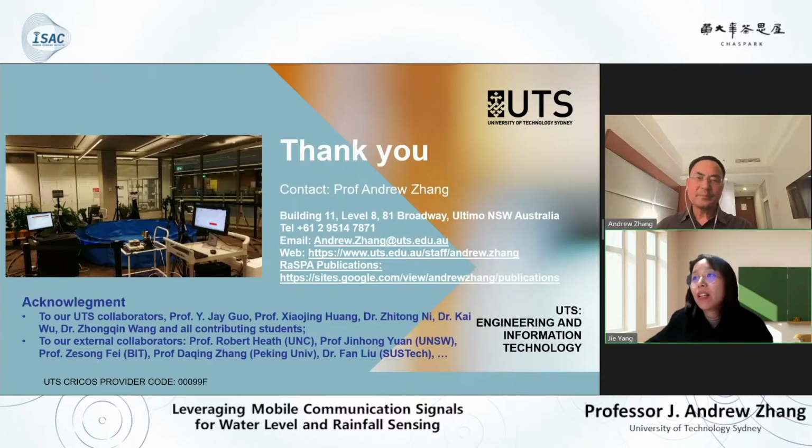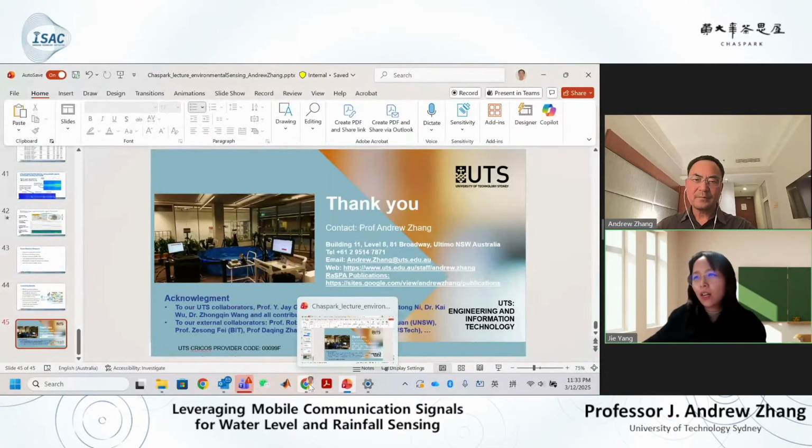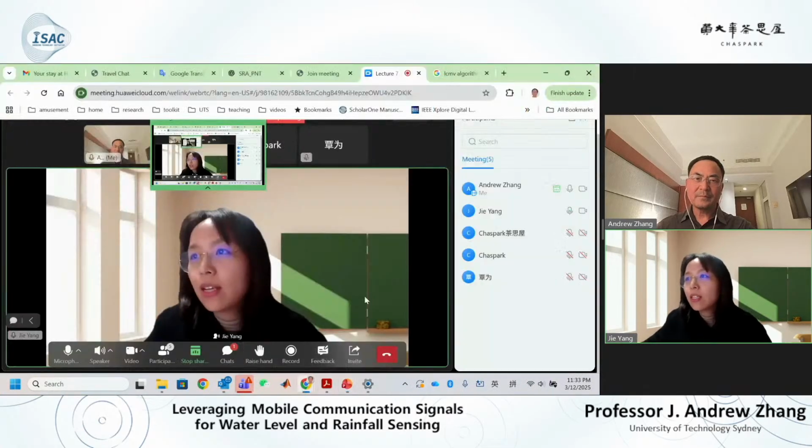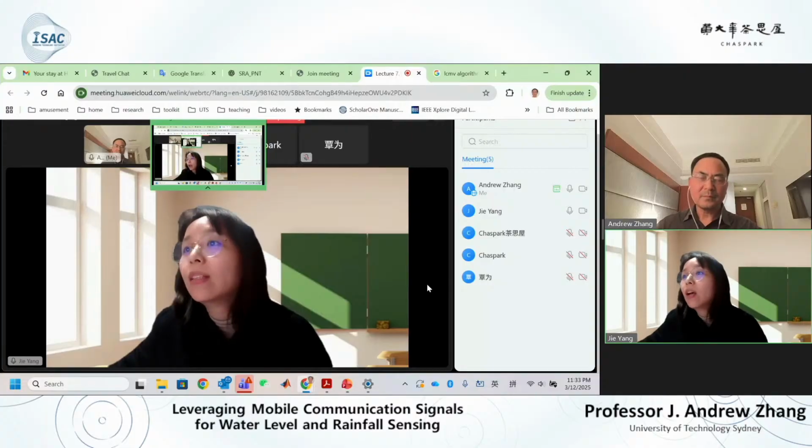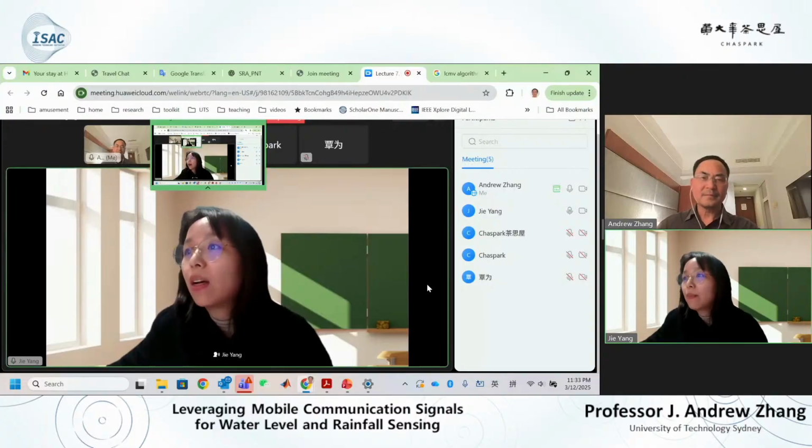We have received a number of questions from the audience. The first question is: I noticed that this architecture is applied to water level and variation height tracking. Water surfaces are typically dynamic with waves and ripples, causing severe multipath fluctuations.